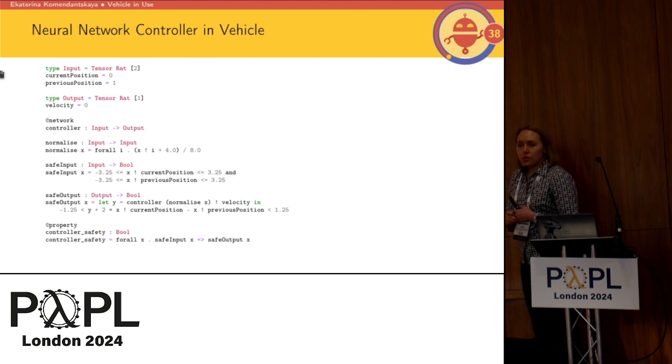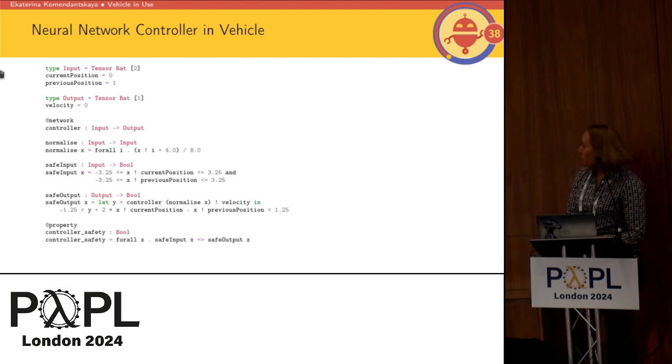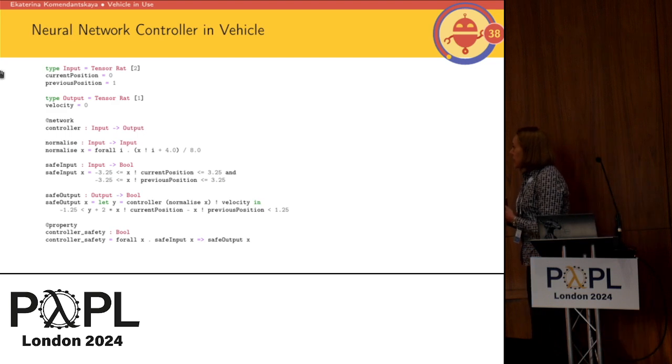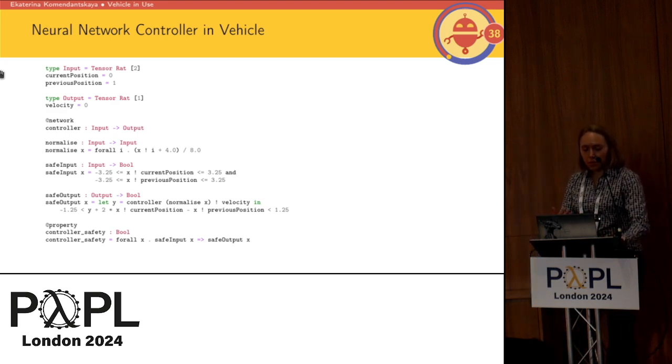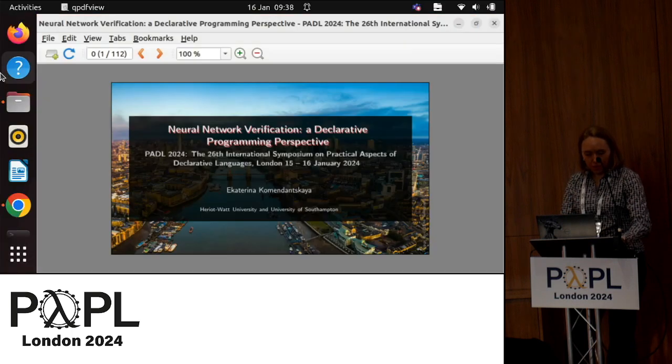I now realize that it might be a little bit too small for the audience, so I will just exit presentation mode and start zooming in. So Vehicle is the language we've written, and it is for stating properties of a neural network in engineer's terms rather than in neural network terms. So let's have a look.